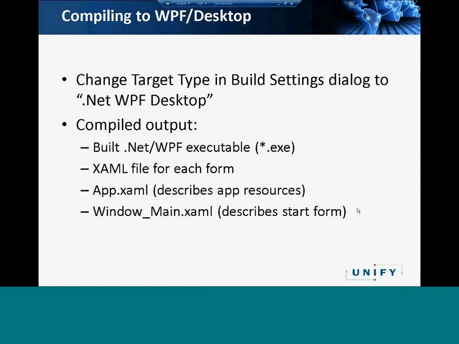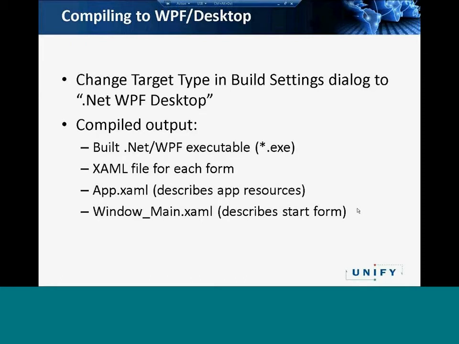For each form that you create in the application, you're also going to have a XAML file as an output for this compiled .NET WPF. We're going to have an app.xaml file. This is the large file which describes all your application resources. We're going to talk a little bit more about it later. And you're going to have a XAML file created for the start form.